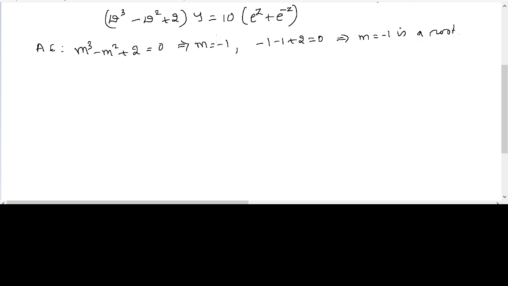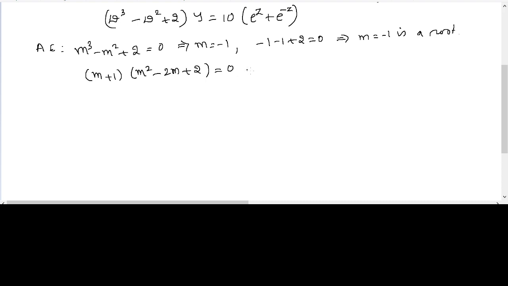On dividing the given equation m cube minus m square plus 2 by the factor m plus 1, we are going to get m plus 1 into m square minus 2m plus 2 equal to 0.